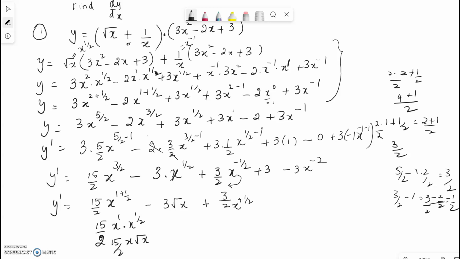The sign of the exponent changes, so that's 3 over 2 radical x, plus 3, minus, move this down and it becomes 3 over x to the +2.